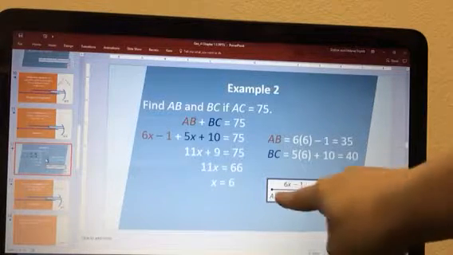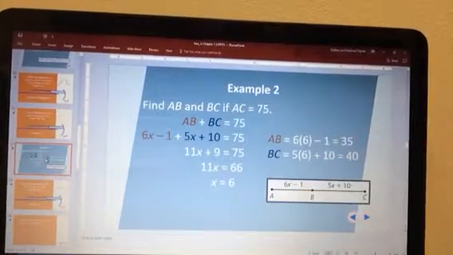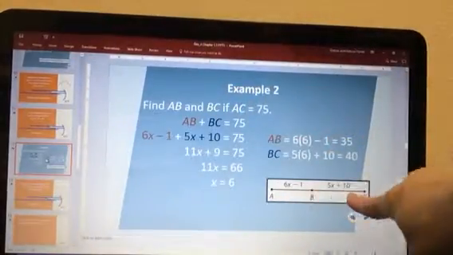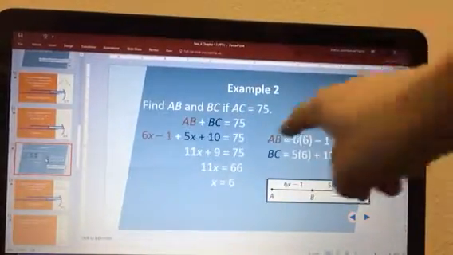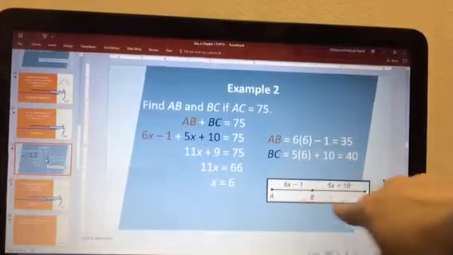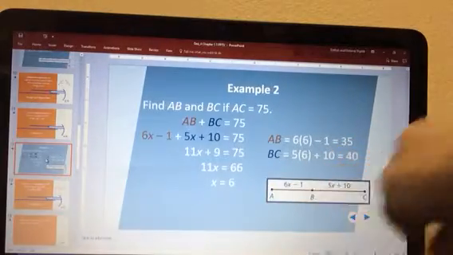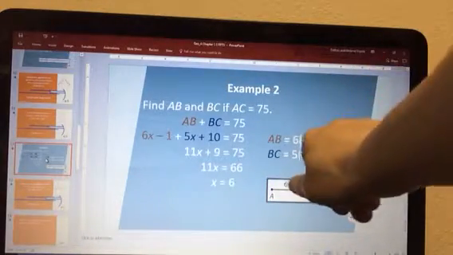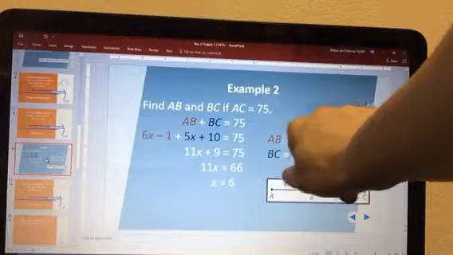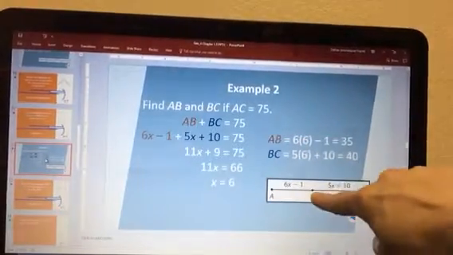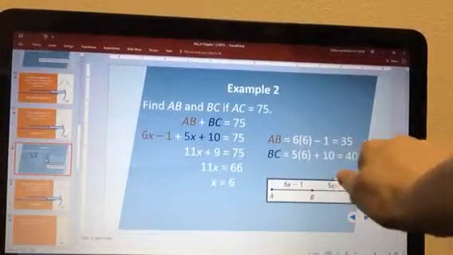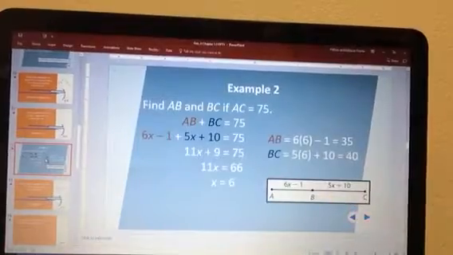Find AB, that's this short segment here, and find BC, this short segment here, if the entire line AC has a length of 75. Now, I have no values for A, B, or C, but I do have an algebraic representation of the length of AB and an algebraic representation of the length of BC.